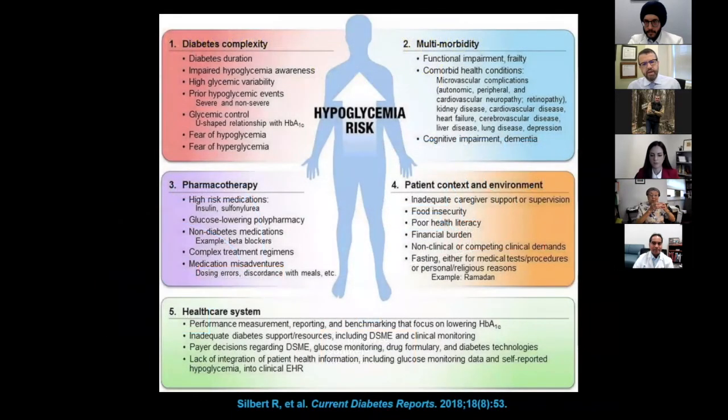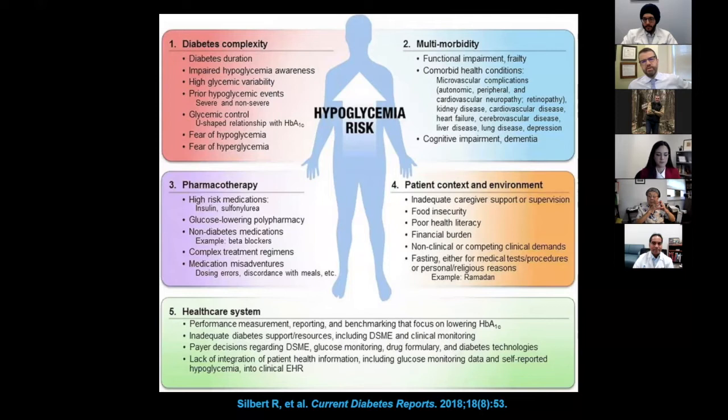At the global level, thinking about hypoglycemia, looking beyond the individual, so diabetes duration and glycemic variability, that's diabetes complexity. We also want to think, as I say, about comorbid conditions at number 2 here, and other factors which are going to put them at risk. Looking at number 3, polypharmacy, other medications which may impact this, higher risk medications such as insulin, sulfonylureas, just medication, what we call medication misadventures.